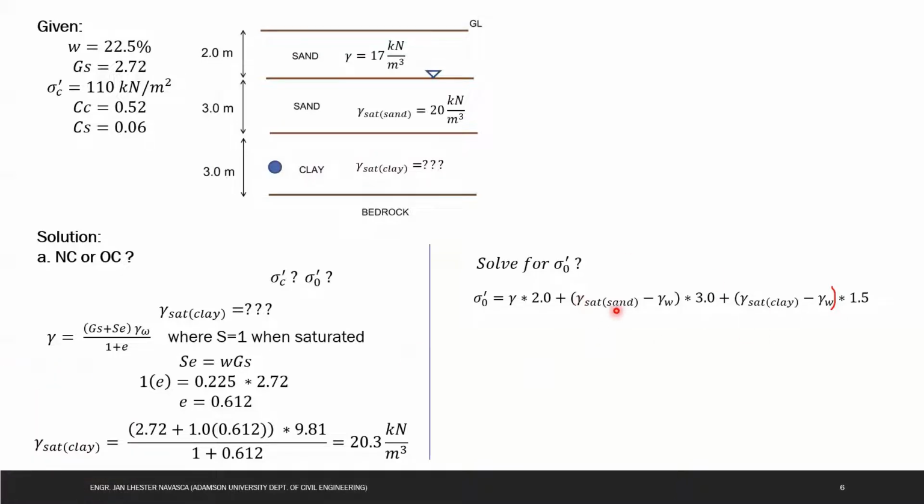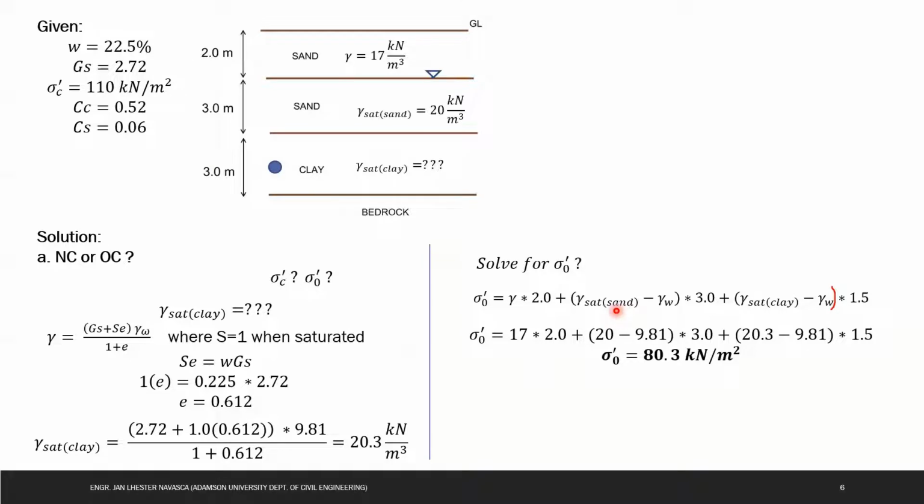So in order to solve for the present overburden pressure, or the effective stress, plug in all the values. We have an overburden stress of 80.3 kilonewton per square meter. So that is our effective stress.